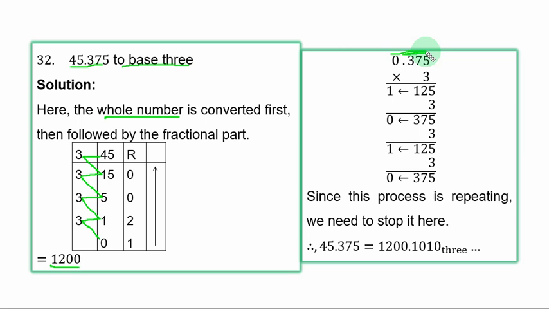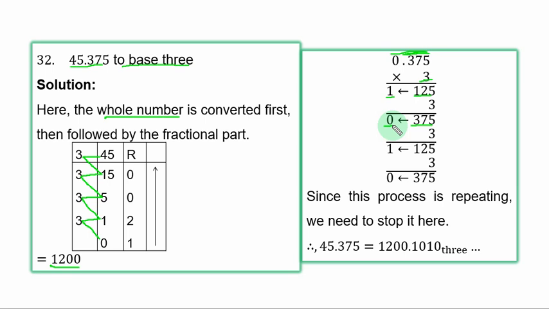So if you multiply 375 by 3, you have 125, remainder 1. If you multiply 125 by 3, you have 375, remainder 0.